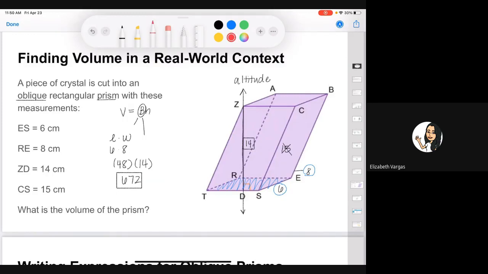Please remember that when you're finding your B, you first want to find your B, which is equal to the area of the base. You use whatever equation you need for that area of that specific two-dimensional figure. Because that base was a rectangle, I'm going to use length times width.